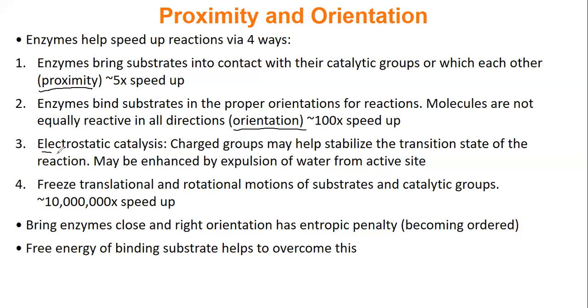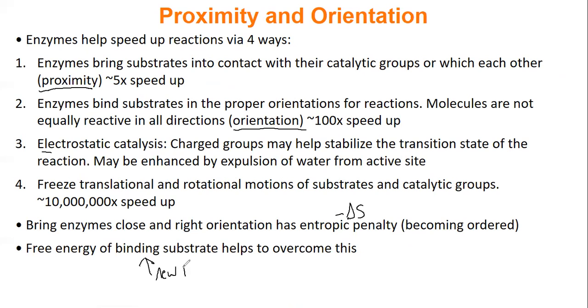And so to get over this entropic penalty, this negative delta S, we have free energy of binding. That is, when we bind our substrate, we make new interactions, new bonds that help to overcome this entropy penalty.